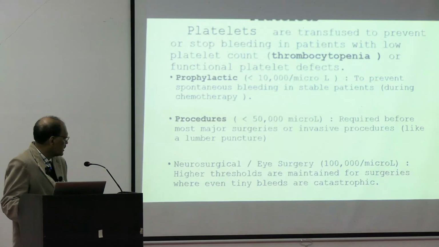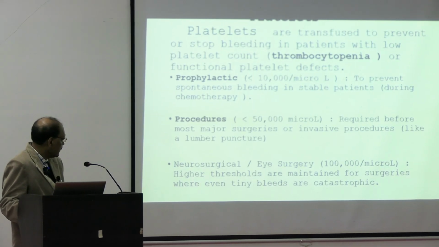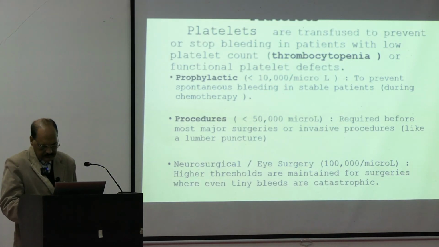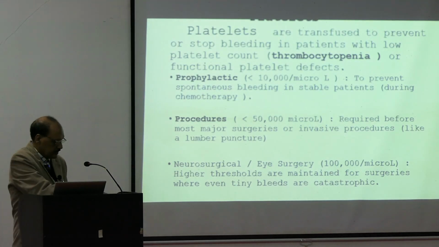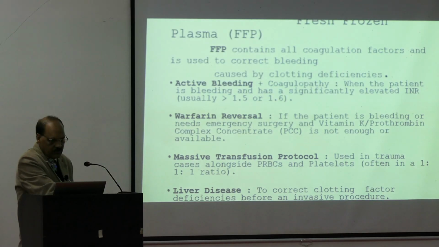Then when there is active bleeding, the target is usually kept above 50,000. Then we will be talking about plasma.